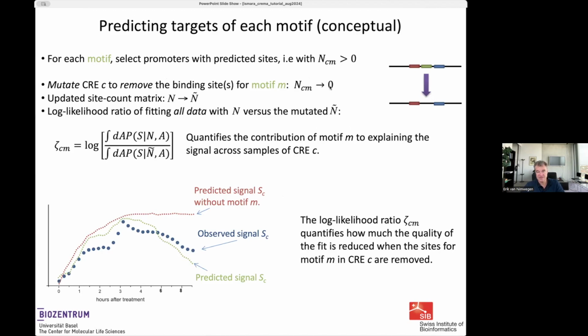We set this one entry in the site count matrix to 0. Now we take the log likelihood ratio of how well the model fits with the original site count matrix and with this mutated site count matrix, where the binding sites for one motif in one CRE have been removed. So it's a measure of how well we predict the signal with all the motifs versus without this one motif m in this one CRE.